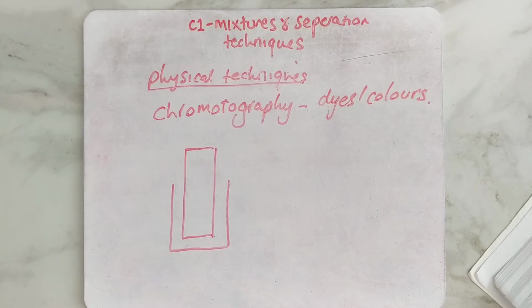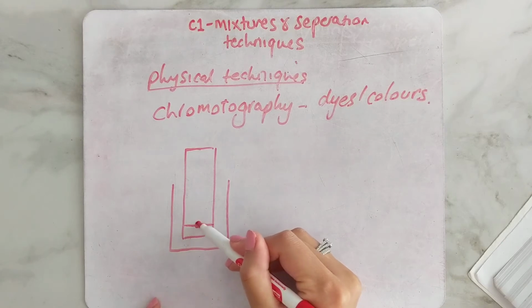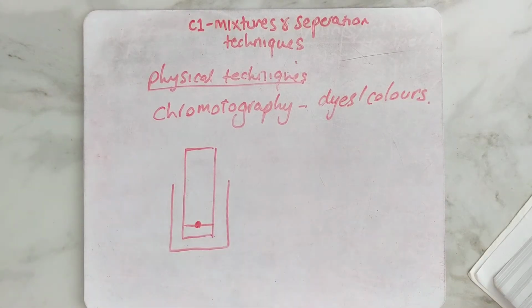So what you do is you draw a pencil line at the bottom of your chromatography paper like that, and you get your spot of ink or dye and you place it on that line like that. Then your beaker should have solvent below that line.